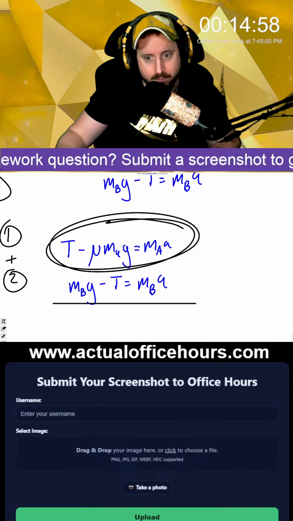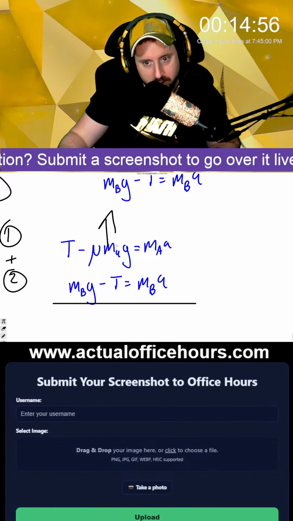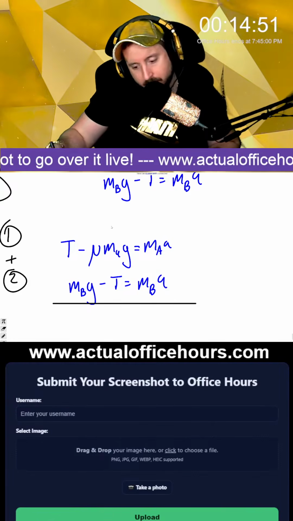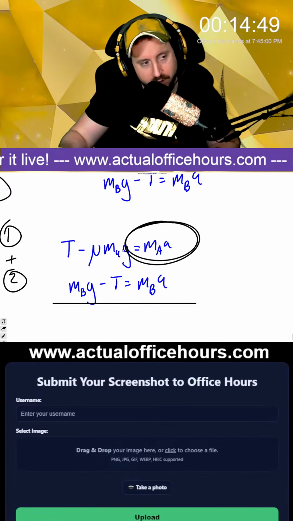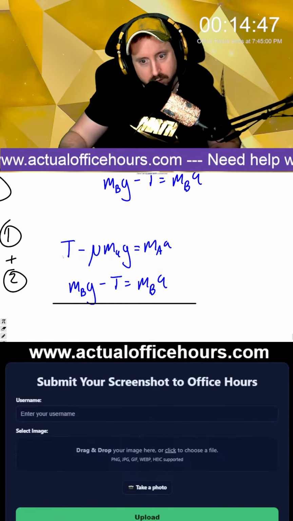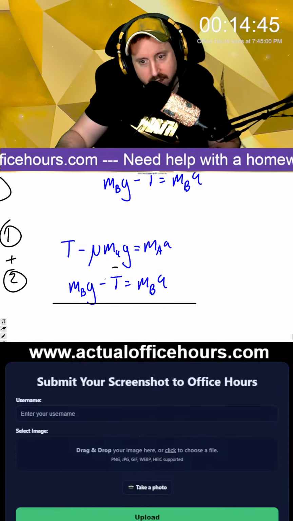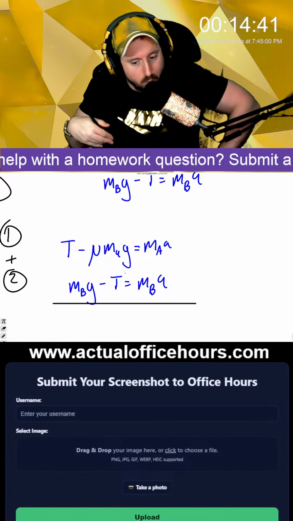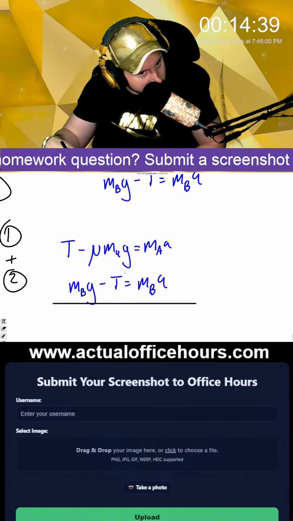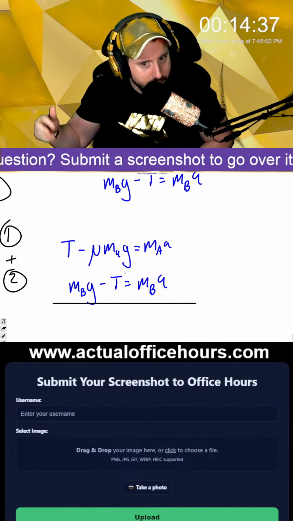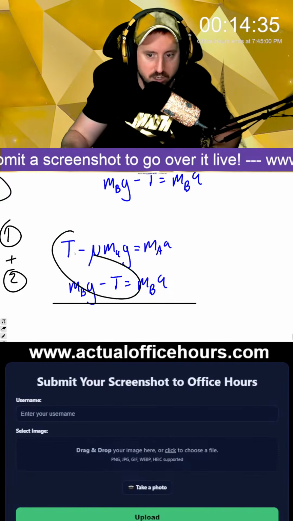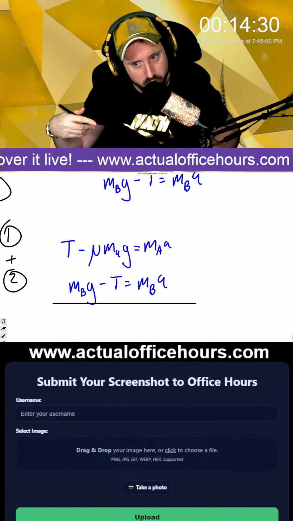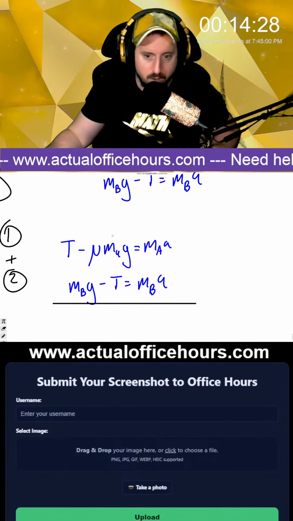So as you have more friction, you end up having more tension to give you the same amount of acceleration. And then having more tension will create slower motion. They're connected. The tension is what ties together the friction with the motion of the other one. You get it? Okay, cool.